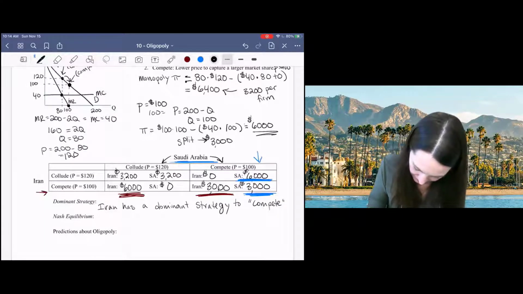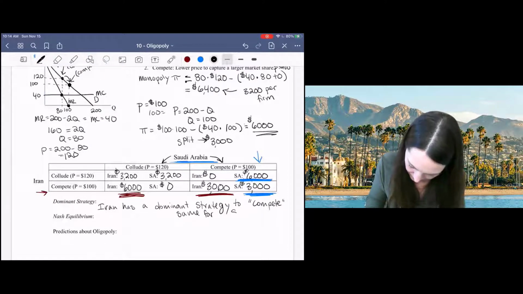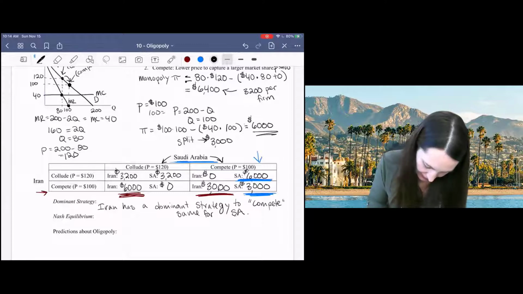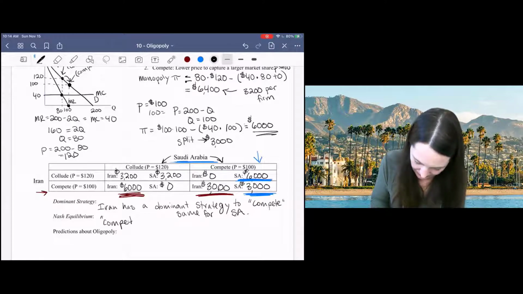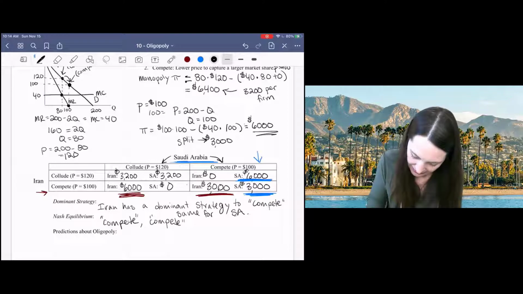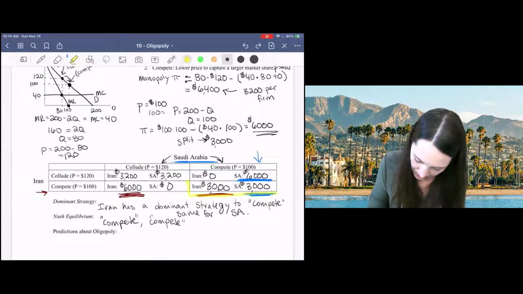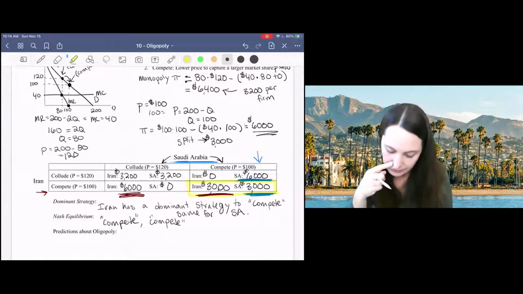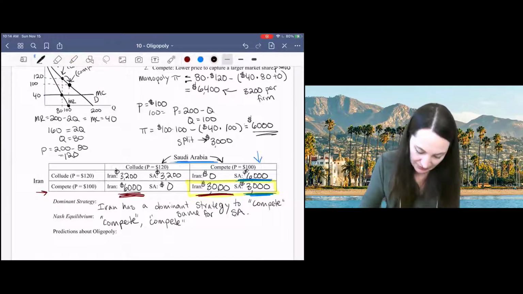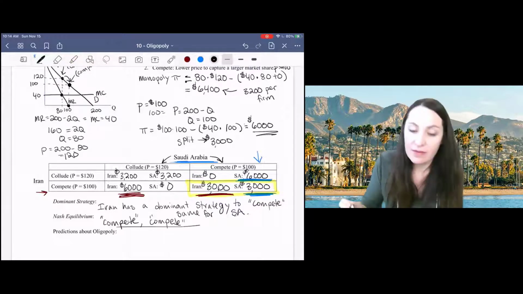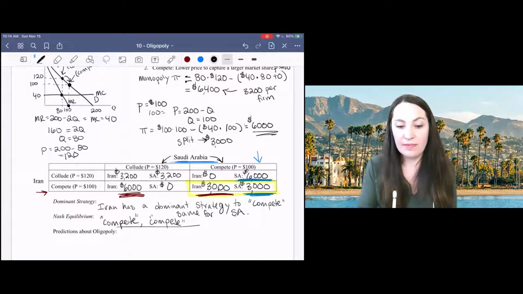So same. And the Nash equilibrium then is compete. You can see that's the box here where both outcomes are underlined. That's our Nash equilibrium, and the outcome that we would expect from this game.